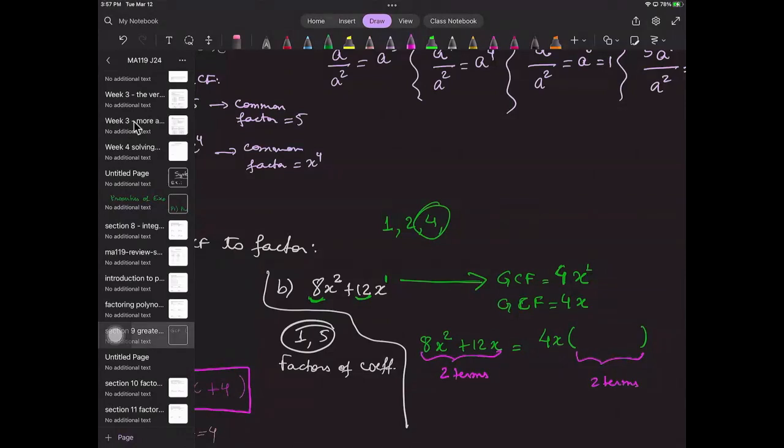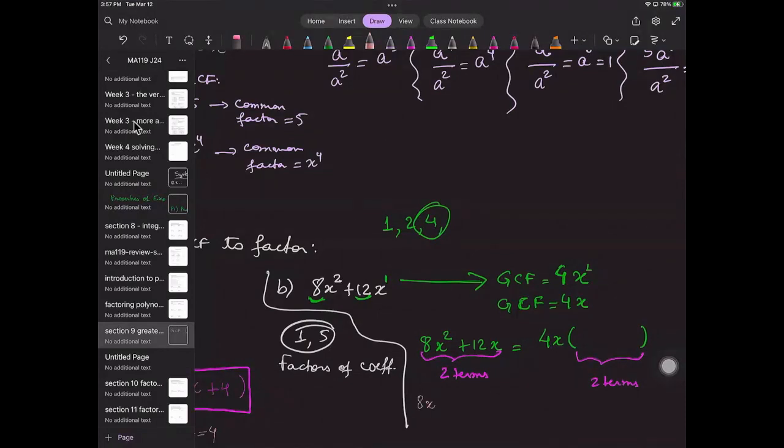All right. So now, how do I figure out what goes inside that parenthesis? Remember, I look for the division by my GCF, which is 4x. So I take that and divide 8x squared. So 8x squared divided by 4x, and let me write this down with a different color.